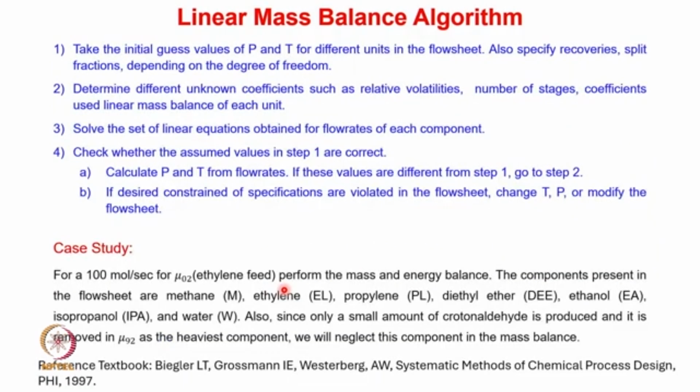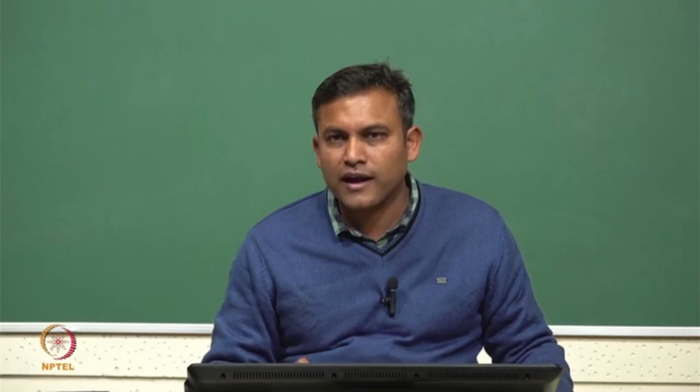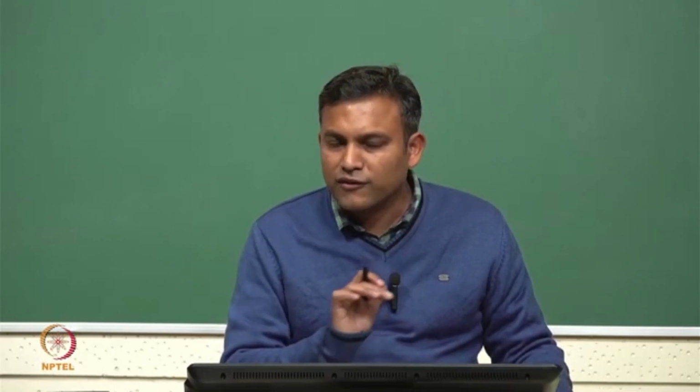So if you look at the different units, the splitter unit or the reactor unit or the distillation unit, absorption unit and the stripper unit, in these different units there are different degrees of freedom involved.